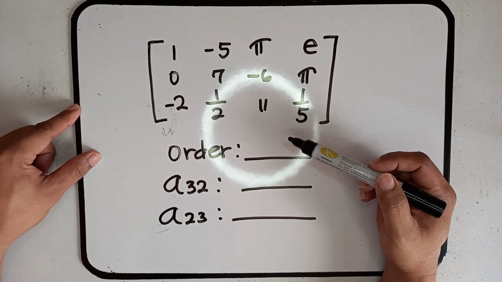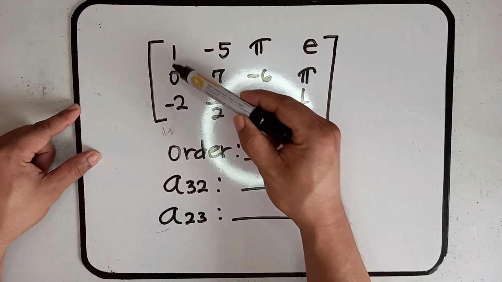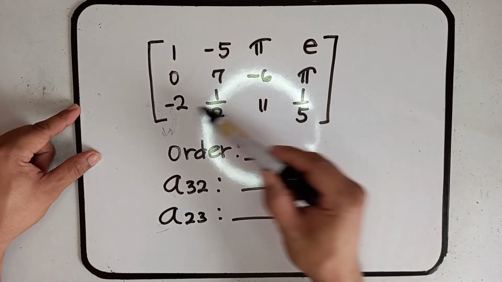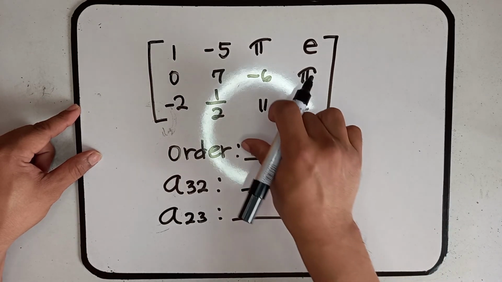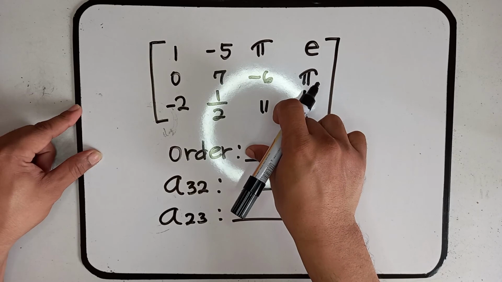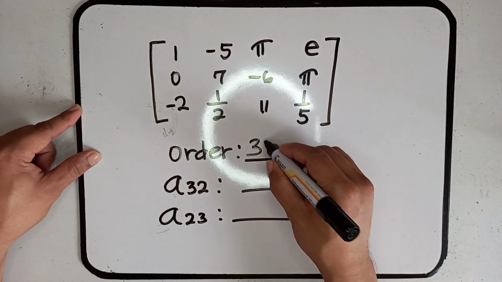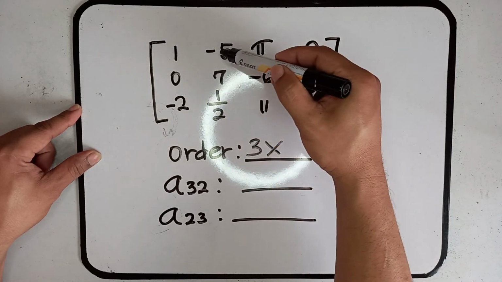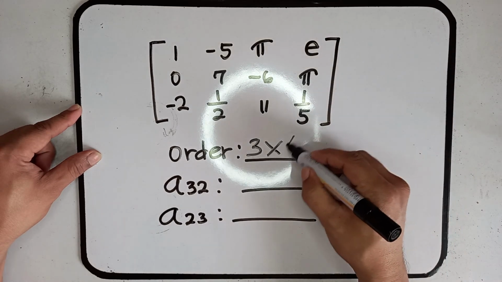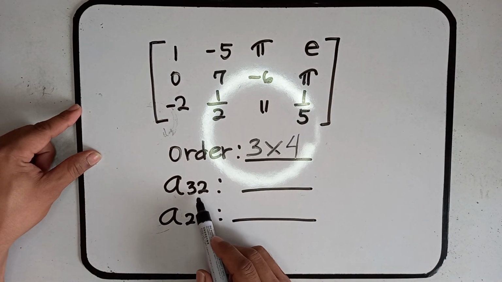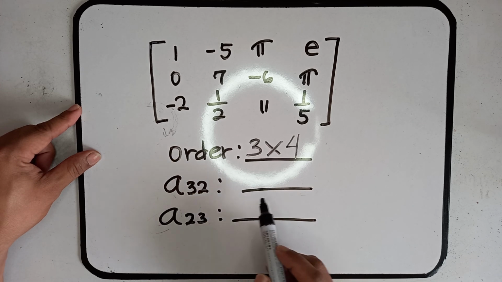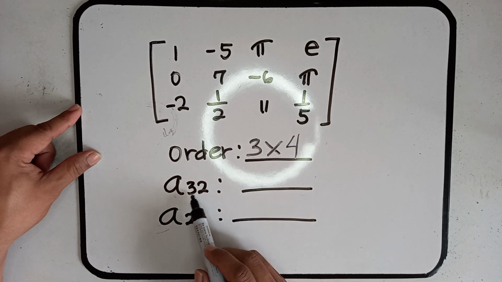So let's count the number of rows. 1, 2, 3. So we have 3 here, by 1, 2, 3, 4. 3 by 4. And then let's identify what number we can get from this position.